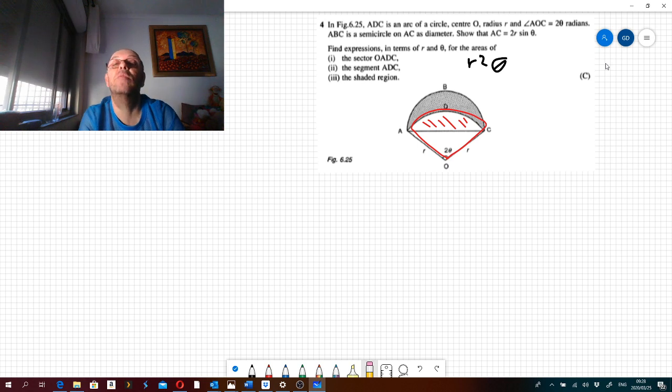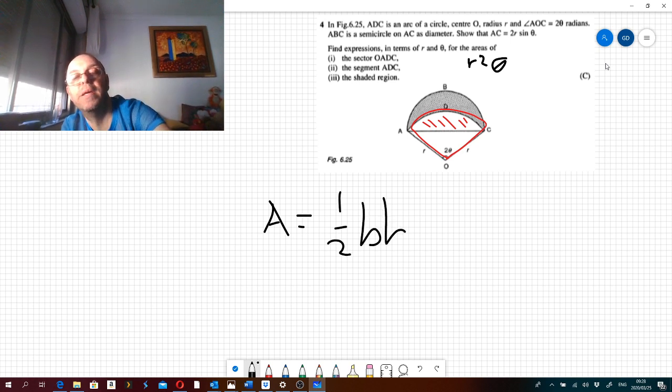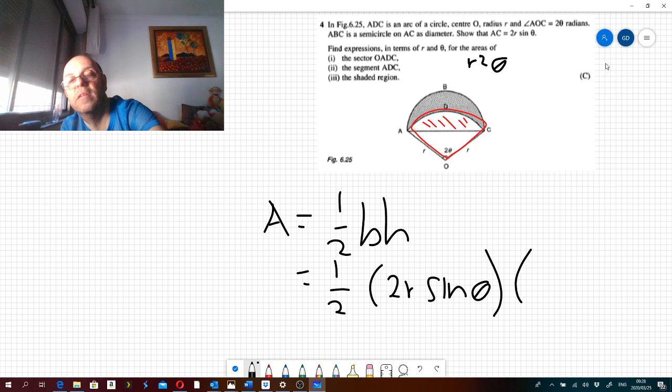The height was r cos theta. So let's put those two together. The area of the triangle, half base height, is a half times 2r sine theta times r cos theta.